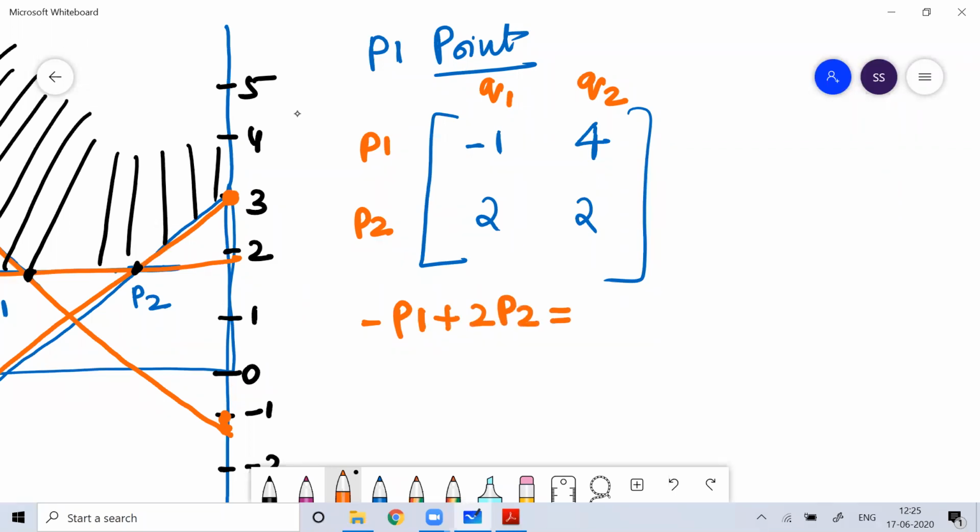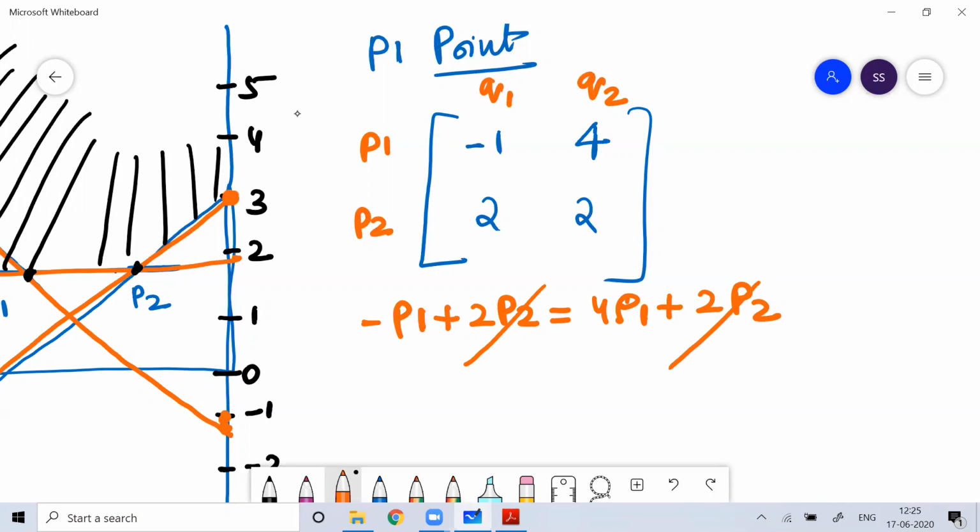So minus P1 plus 2P2 is equal to 4P1 plus 2P2, and you know that P1 plus P2 equals 1. The 2P2 will get cancelled, so with P1 and P2 I'm nowhere getting the answer.